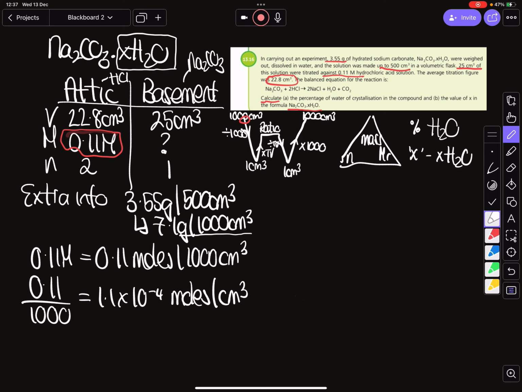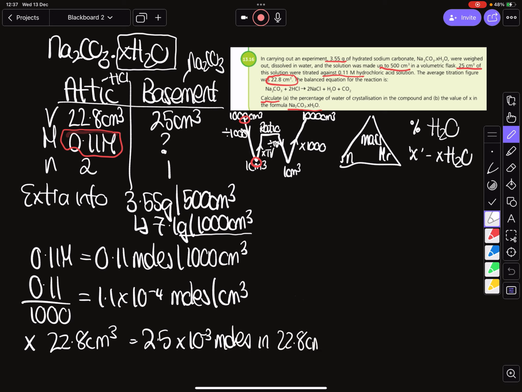If your calculator is not giving it as standard or scientific notation, then you write down whatever your calculator is giving you. So now we're at this little point in our W. Our next step is to multiply by our titration value, which in this case is 22.8 centimetres cubed. When we do that, we get 2.5 by 10 to the minus 3 moles, and that is in 22.8 centimetres cubed, which is our titer volume. So we're up at this point.